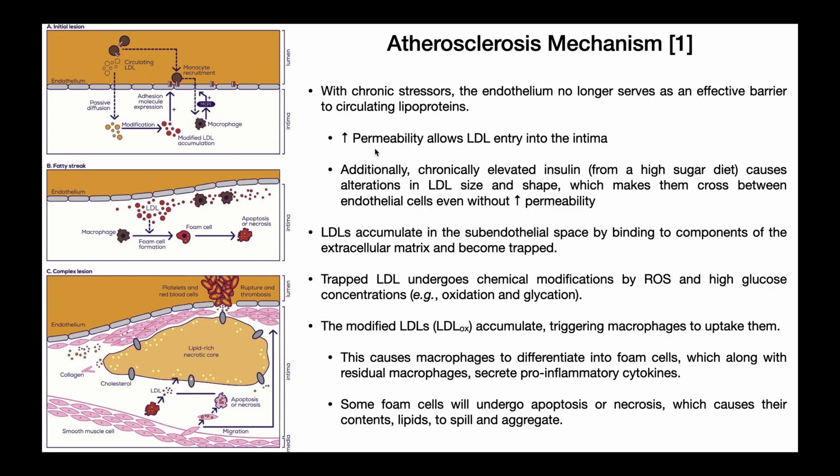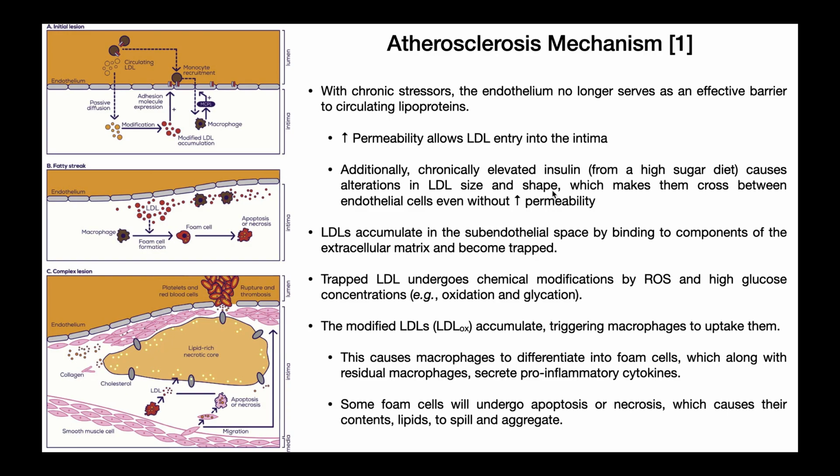However, what we also know is that for people that have chronically elevated insulin levels, so hyperinsulinemia, which is caused by high sugar diets, so excess sugar in the diet, it actually causes alterations in LDL size and shape. So if you consume a lot of sugar chronically, what will happen is your LDLs will actually decrease in size.